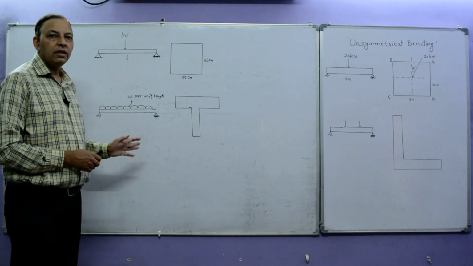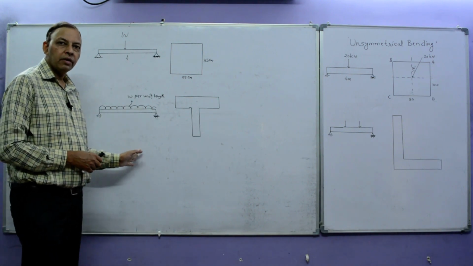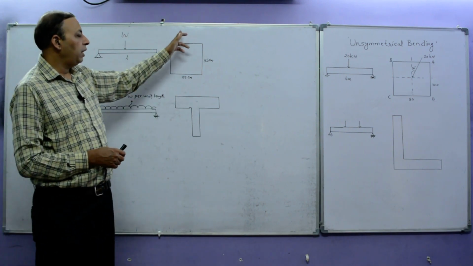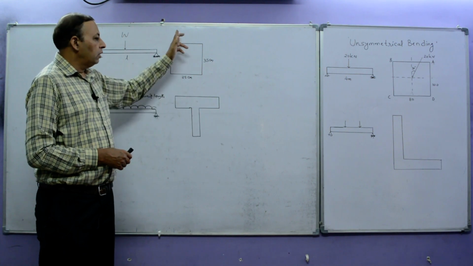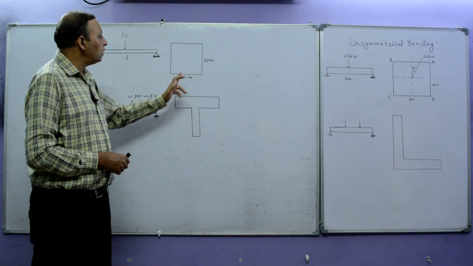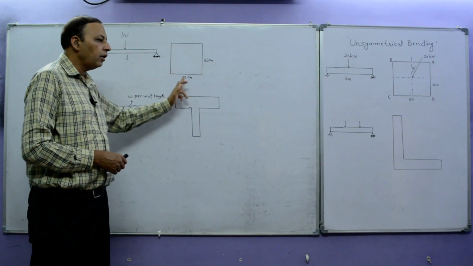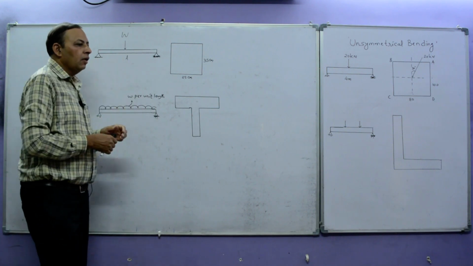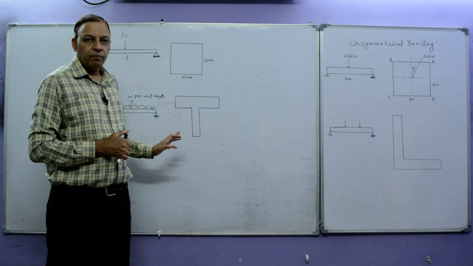On the left hand side, this is the case of simple bending. It means the section is symmetrical about a plane passing through the vertical axis of symmetry, and the bending moment acts in that plane.